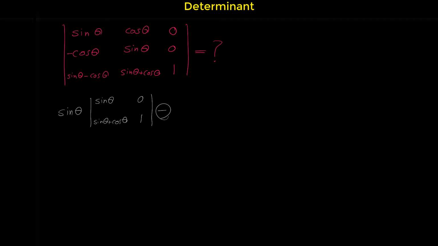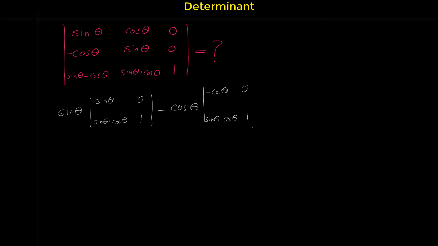Minus, don't forget this minus, this is a common mistake between the students, they forget this sign, minus cosine theta, minus this element, times the determinant of deleting the first row and second column. What remains is negative cosine theta, 0, sine theta minus cosine theta, and 1 here.